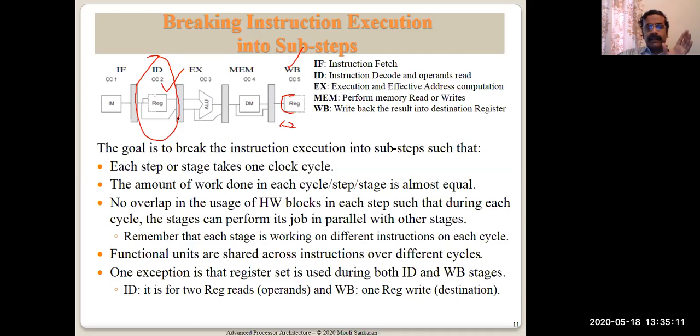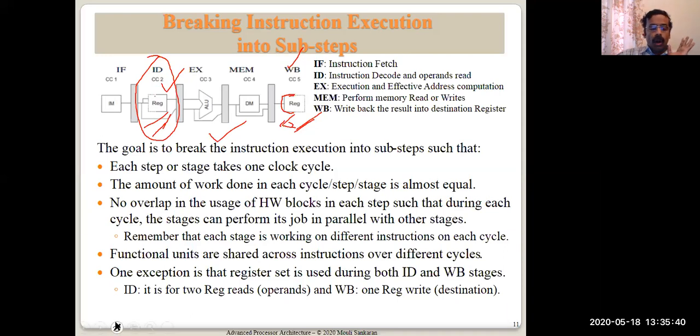Keep it in mind, even though we are using the register set in the same cycle by two different stages, we are doing it for different purposes. While this is reading, this is writing, and we are doing it at two different time instances. We write into the register set during the first half of the cycle and read from the register set during the second half of the cycle. As long as it is not happening at the same time, it is allowed.